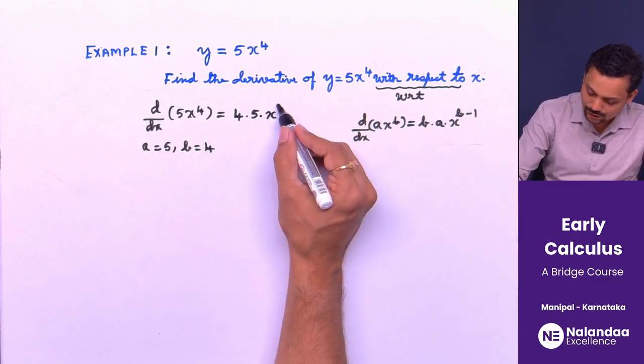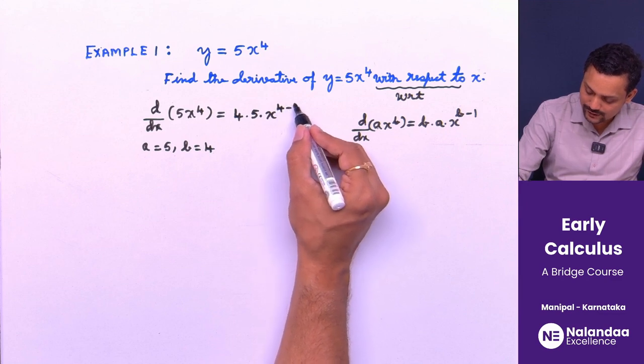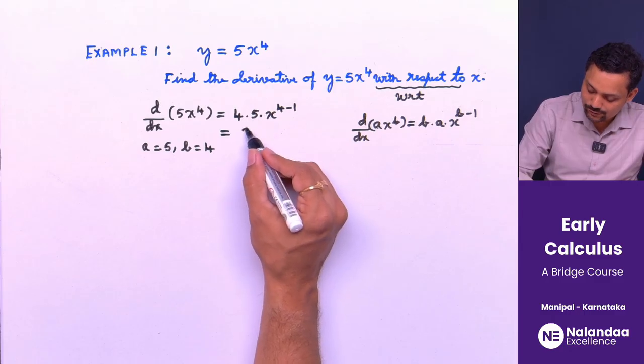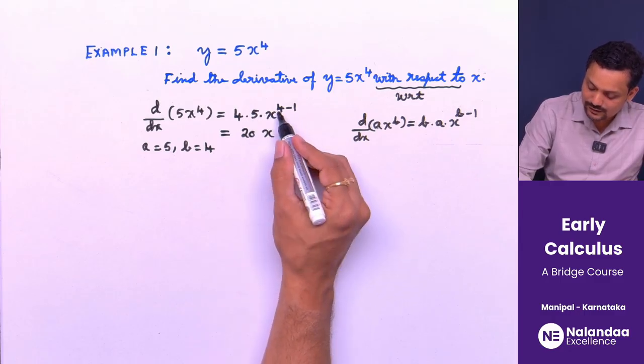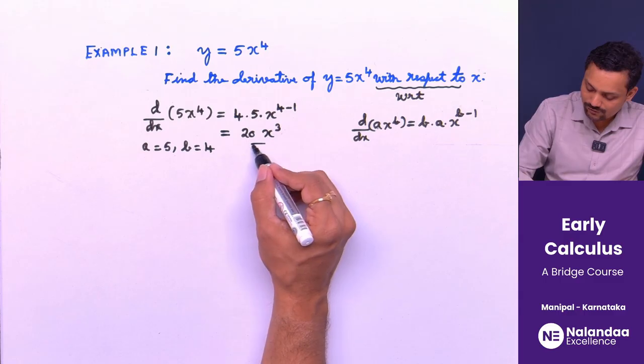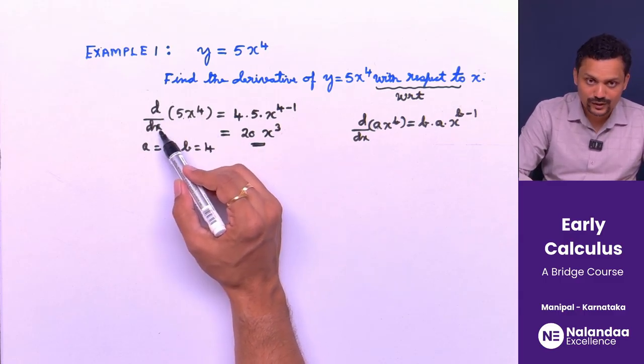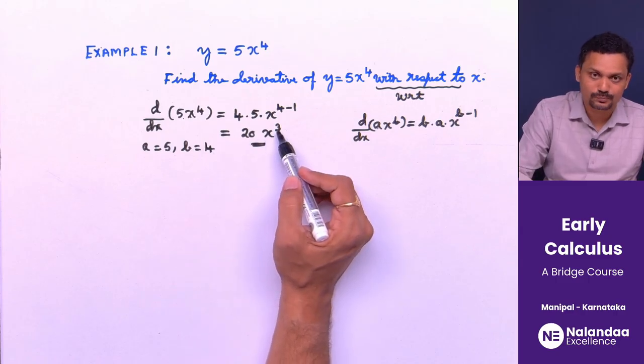So b is 4, therefore this is 4 minus 1. So therefore this will be 20 x power 3. So we say the derivative of 5x power 4 with respect to x is 20x cube.